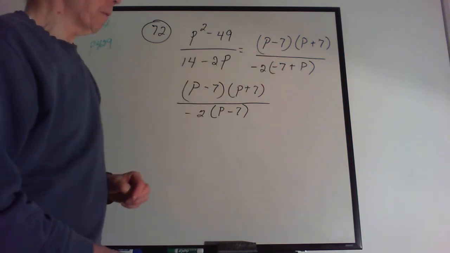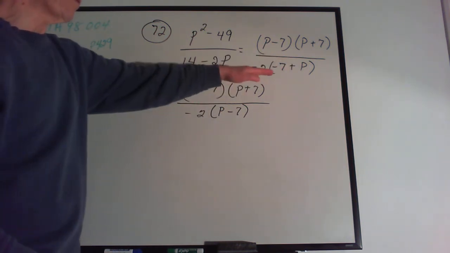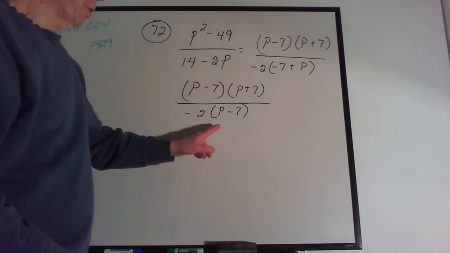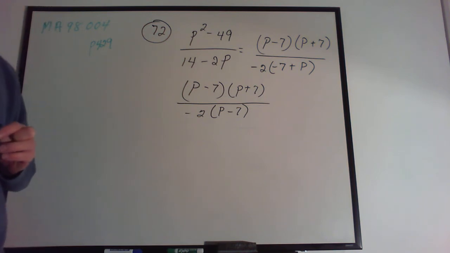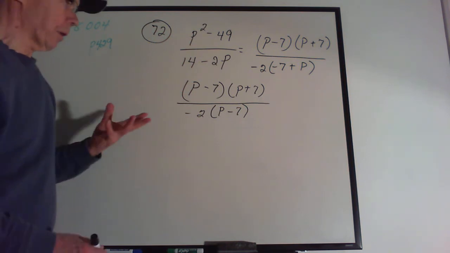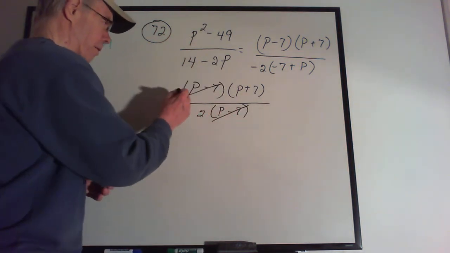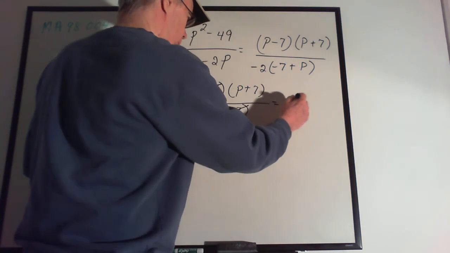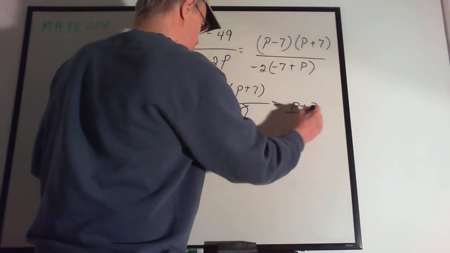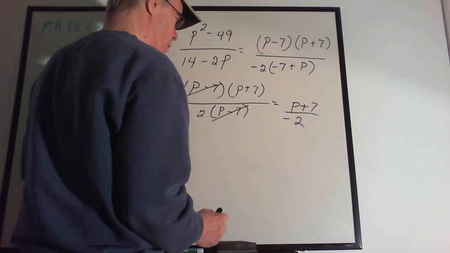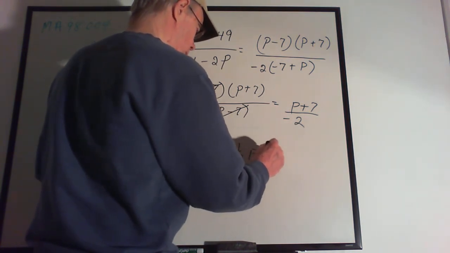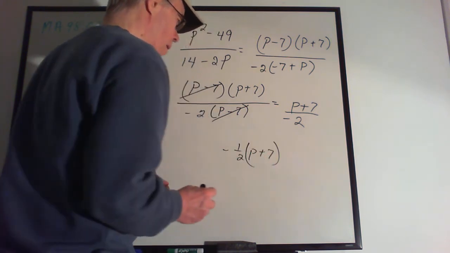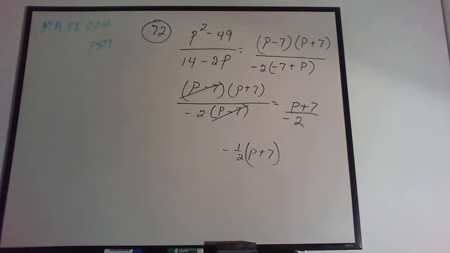Negative 2 times positive p gives me my negative p. So this is correct. So I rewrite it, put p minus 7. I factored the numerator into p minus 7, parentheses, times p plus 7. So now I can cancel here. And this is going to give me p plus 7 over negative 2, or negative 1/2 p plus 7. I want to write it that way.